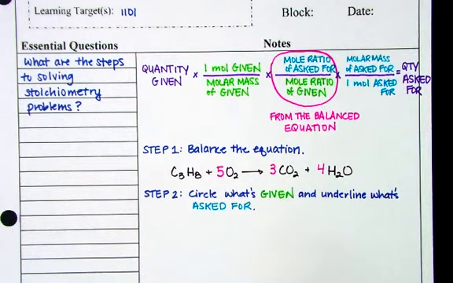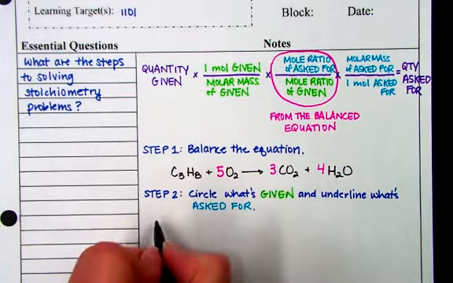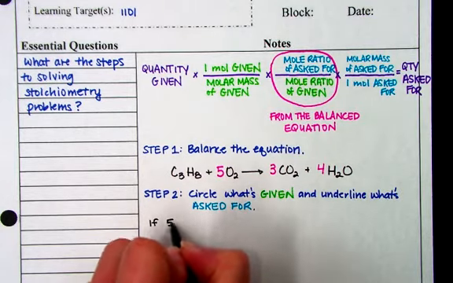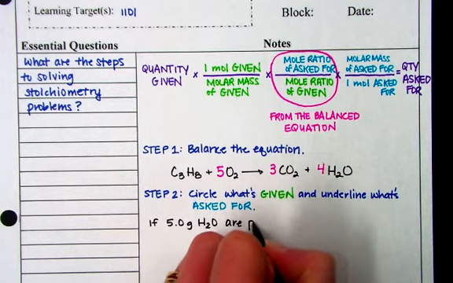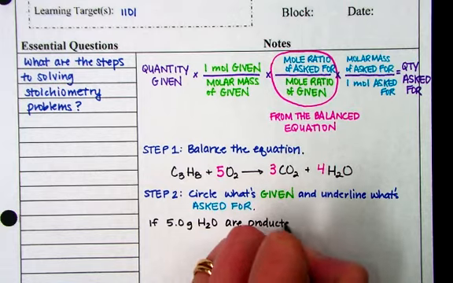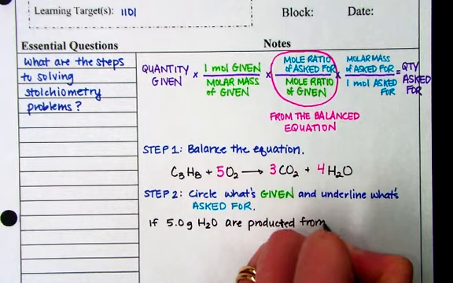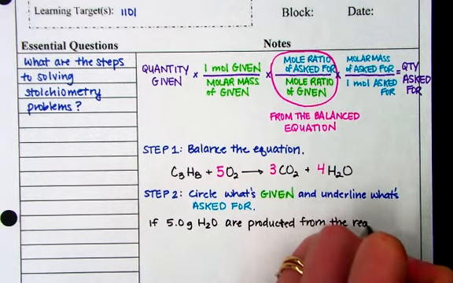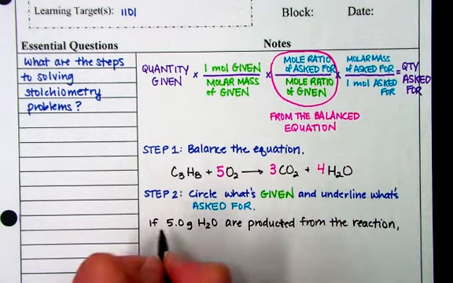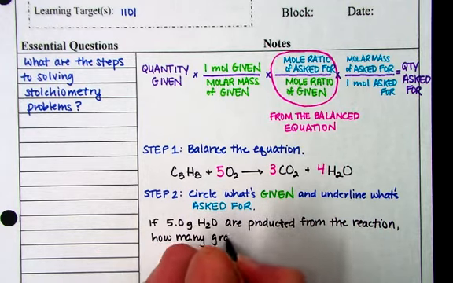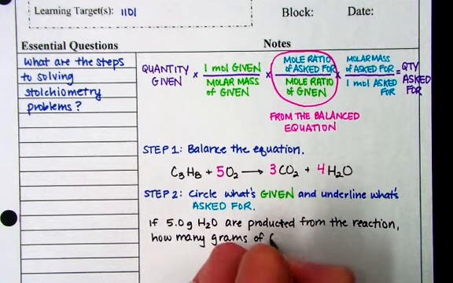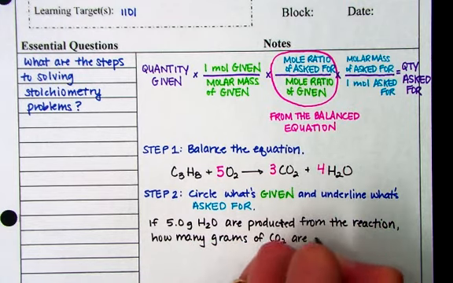I need to give you a problem in order to circle and underline. So here's our problem. If 5.0 grams of water are produced from the reaction, how many grams of CO2 are produced?